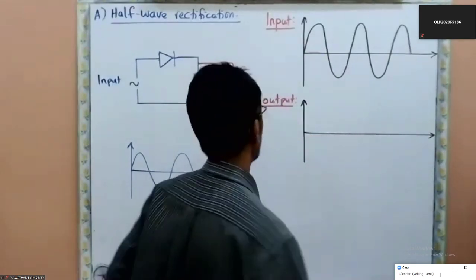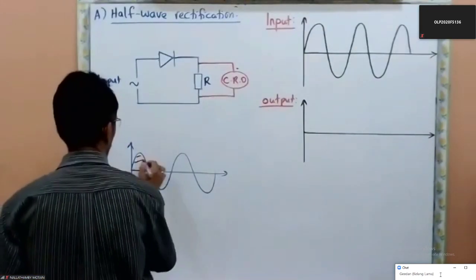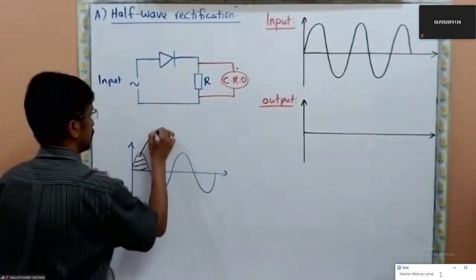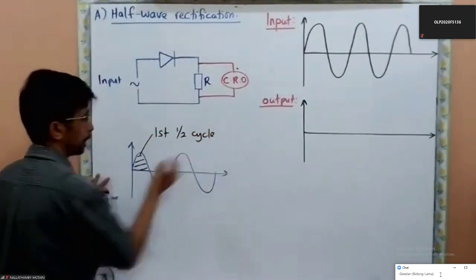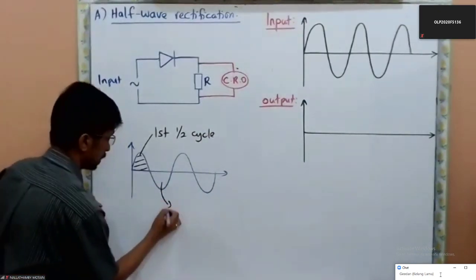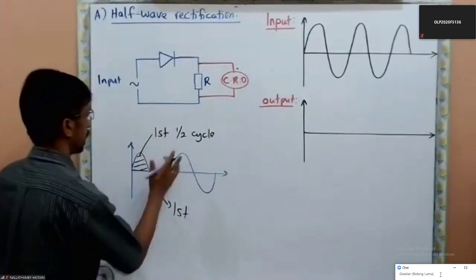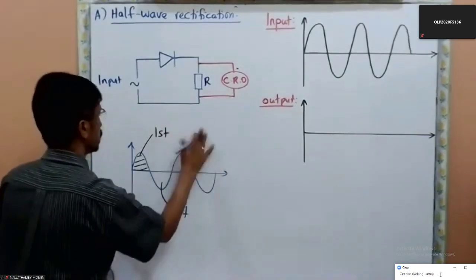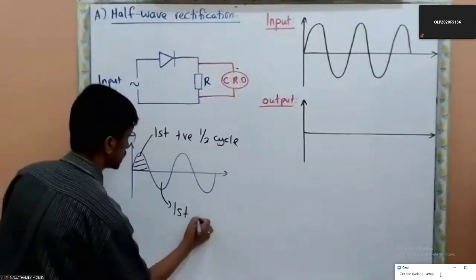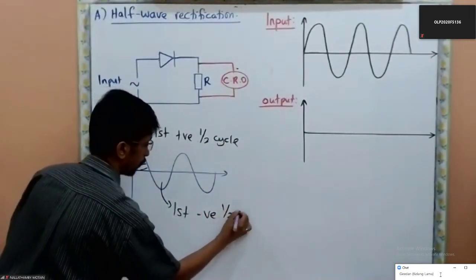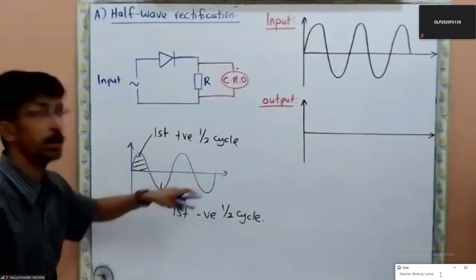For this one cycle, the first part is the first positive half cycle. Here is the first negative half cycle. So one complete cycle: this one is positive, this one negative. Then back to positive and negative again.